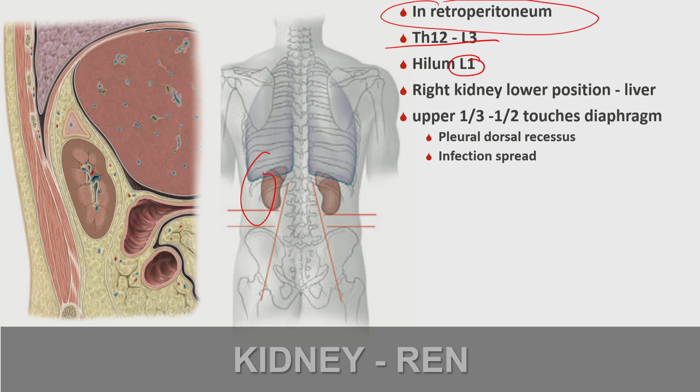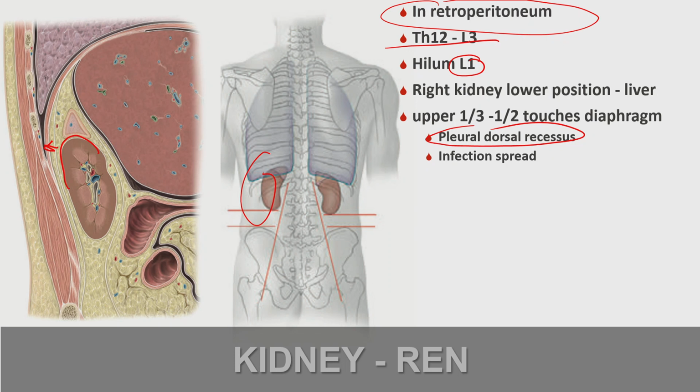The right kidney is a little bit lower because of the pressure of the liver parenchyma. And the upper third to one half of the kidney is touching the surface of the diaphragm, so it has a very important relation to the dorsal pleural recess, which is important in the spread of infection in cases of severe infections of the kidneys.